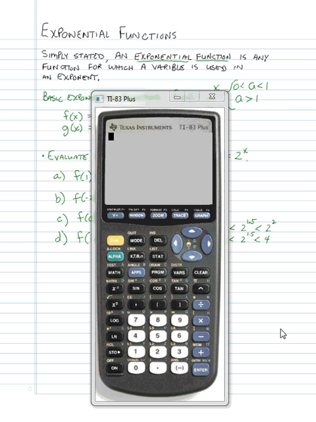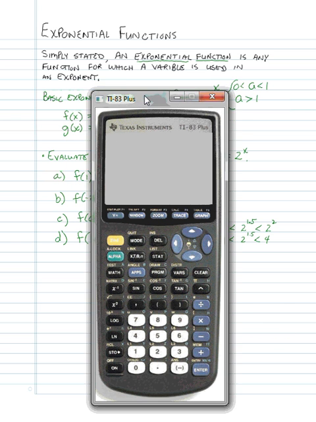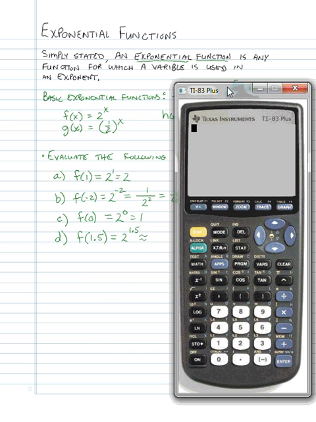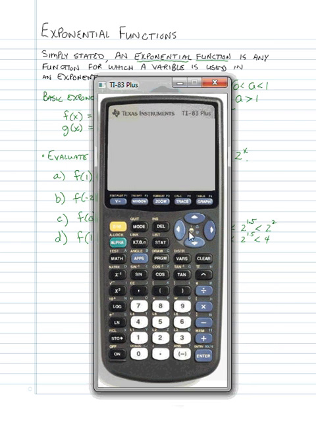Well, as you see, I've got my calculator out, which is a TI-83 Plus, and we're asked to find the value of 2 to the power 1.5. Well, the way we do this on a graphing calculator, particularly a TI graphing calculator, is that we want to put the value 2 in, so we'll enter 2, and then we want to enter an exponent, and the exponent happens to be 1.5.